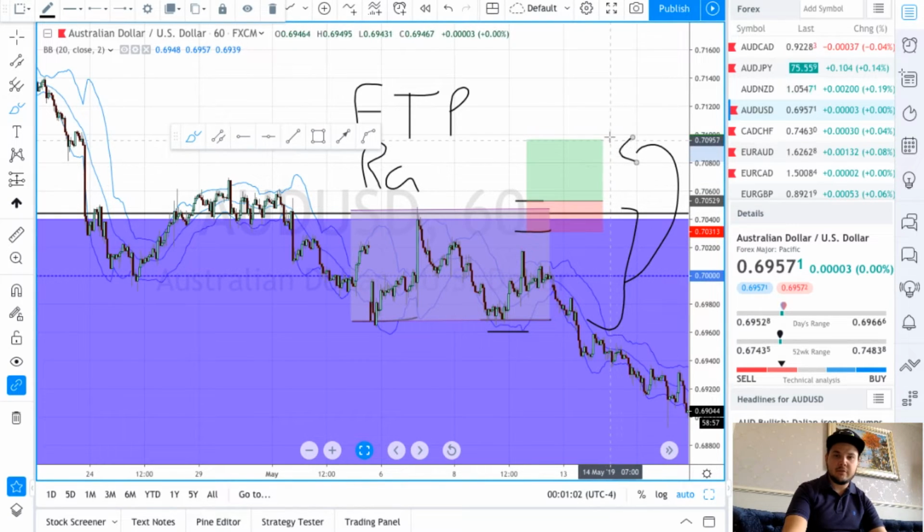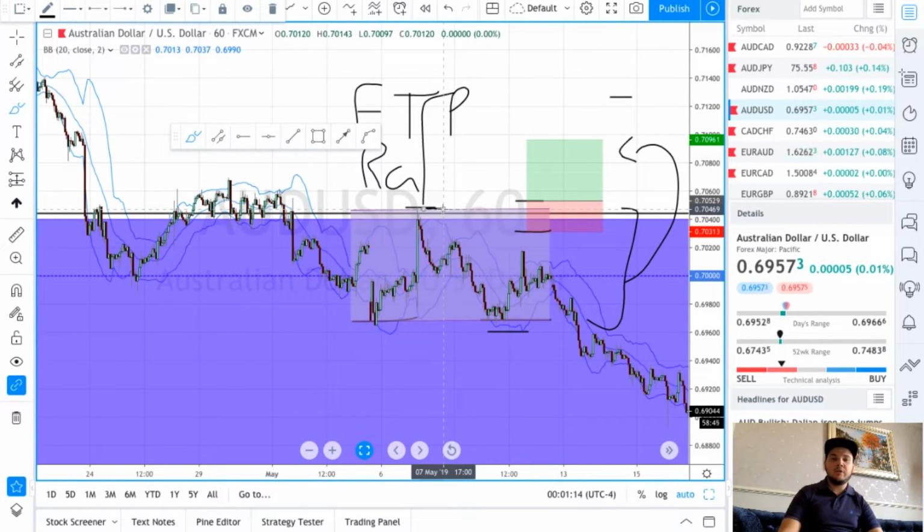So this comes down to around here, and you add it beyond this line over here. Okay, so this would be our target, and that will be where you go out of the market completely. You could do partial take profit in the meantime if you want. That would be awesome, but that's just how it works in the basics.